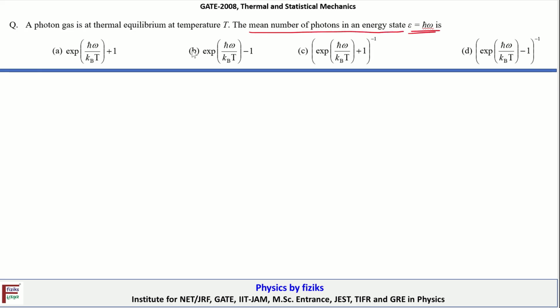We know that photons are bosons, so they follow Bose-Einstein statistics.